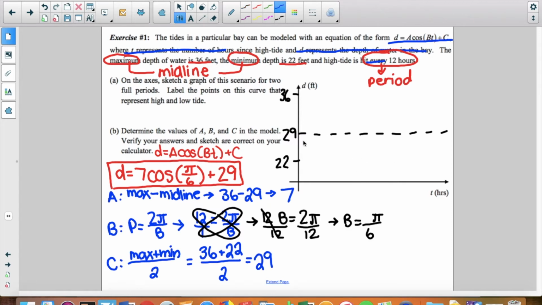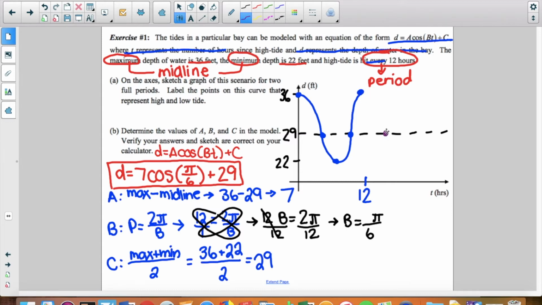So we have cosine. Cosine starts above, then it goes midline, below, midline, above. So I just completed 1 full cycle. So that means that this point here is going to be 12 because it's my period. Now I'm going to do 1 more. So we're at the max.